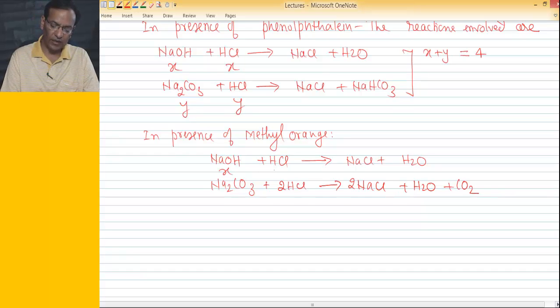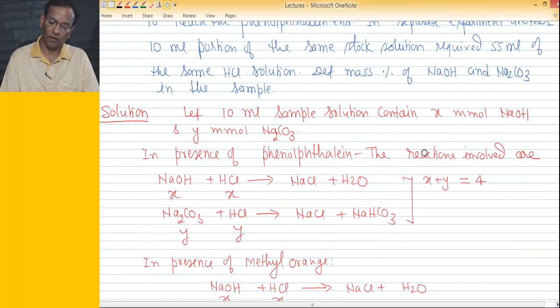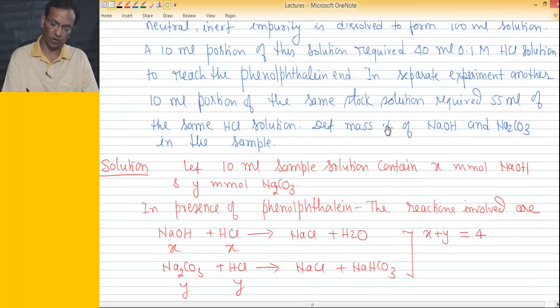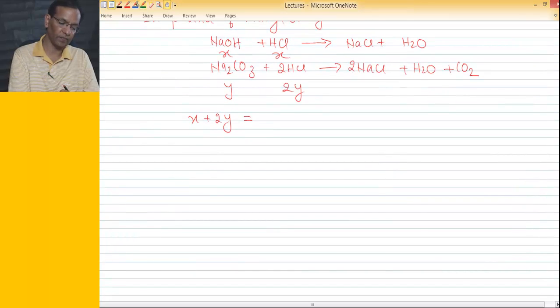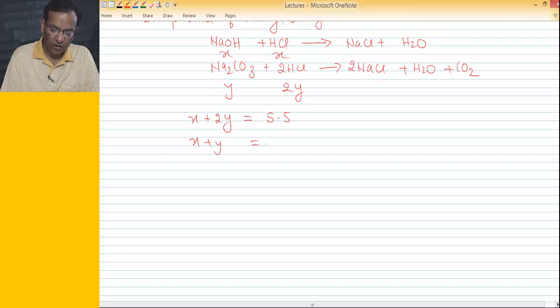So for X millimole of NaOH, X millimole of HCl, and for Y millimole of Na2CO3, 2Y millimole of HCl. So now X plus 2Y will be equal to how much? It is 55 ml, 0.1 molar, so 5.5. And first equation was X plus Y equals 4.